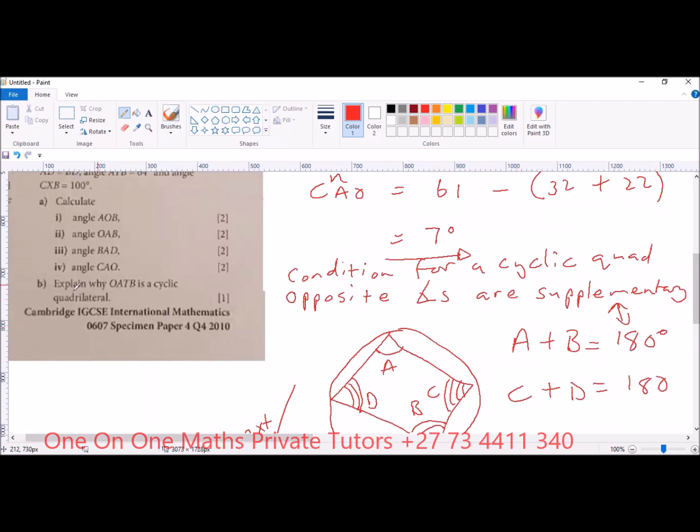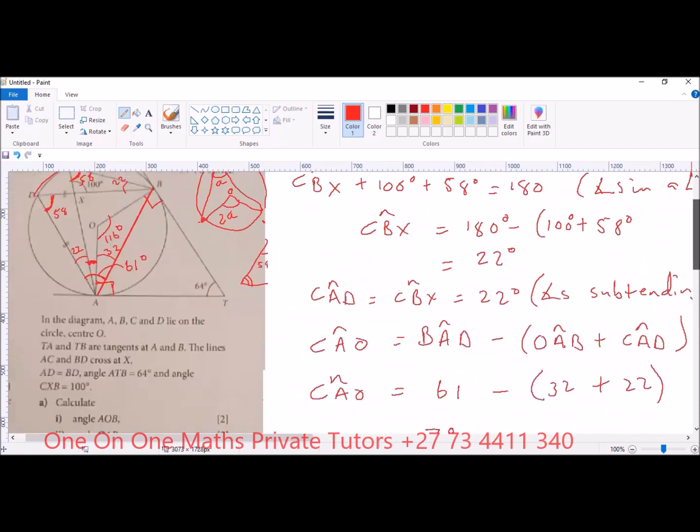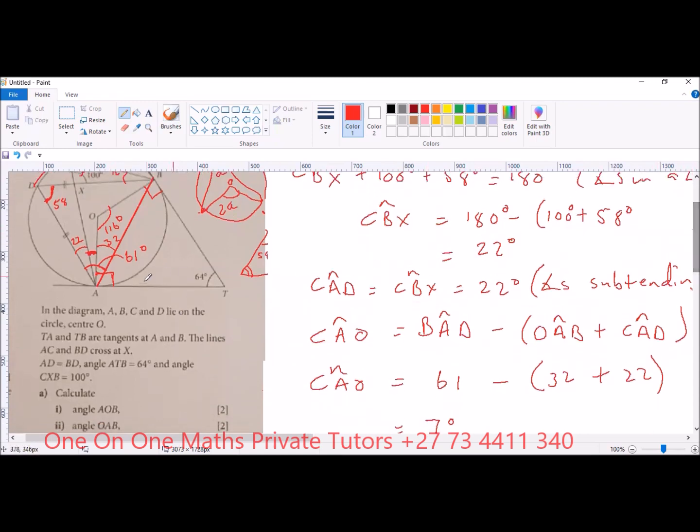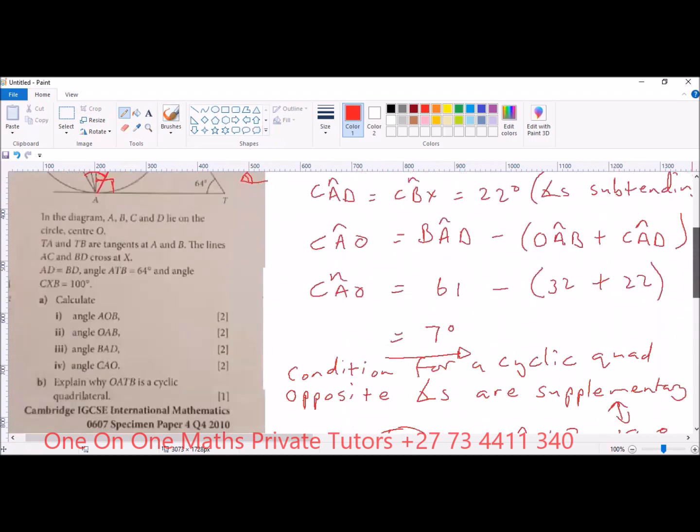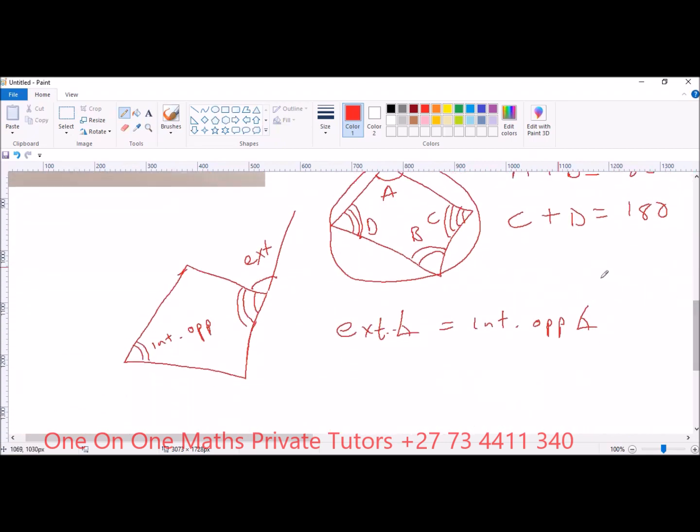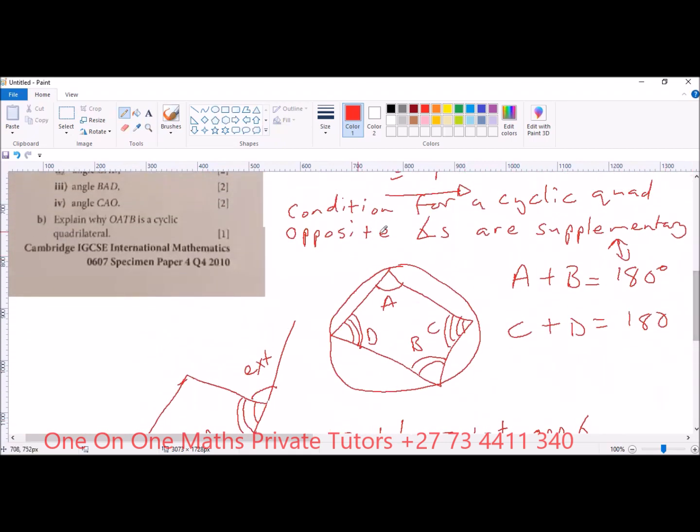So, explain why OATB is a cyclic quadrilateral. OAT plus OBT: this is 90, 90. They add up to 180, which is this statement here, that opposite angles are supplementary.